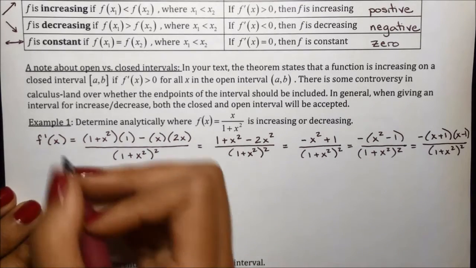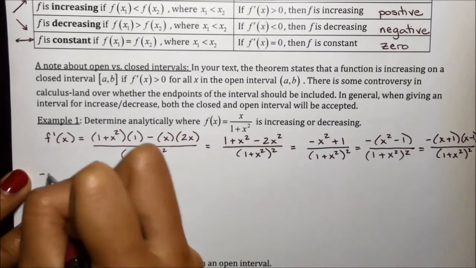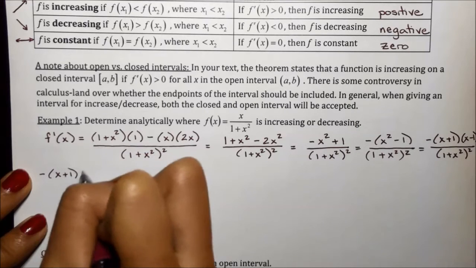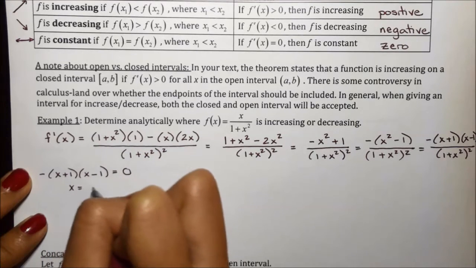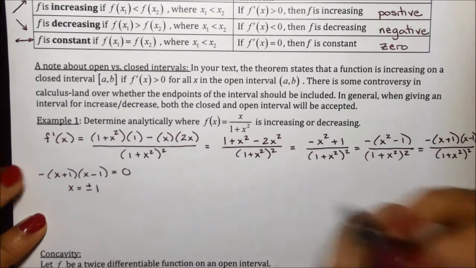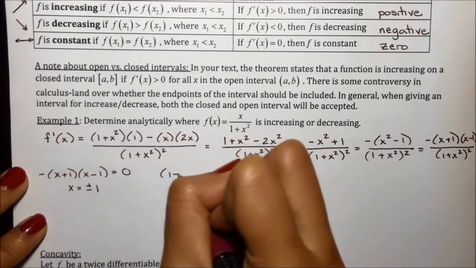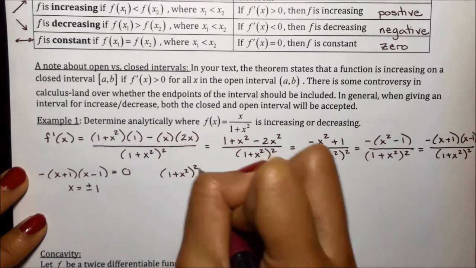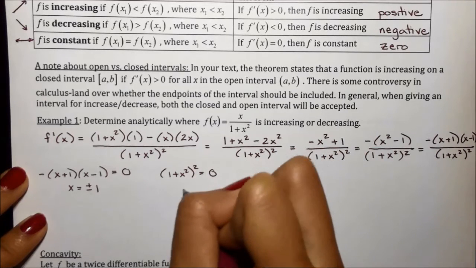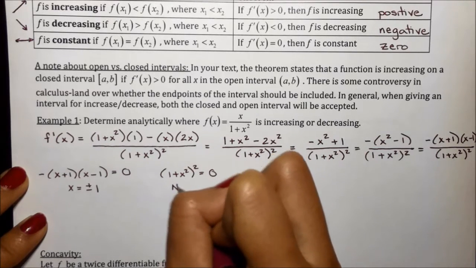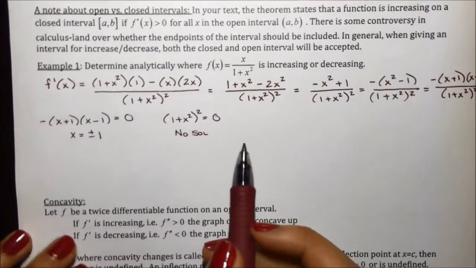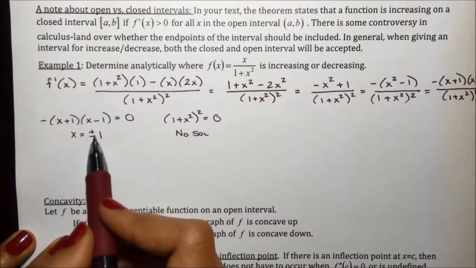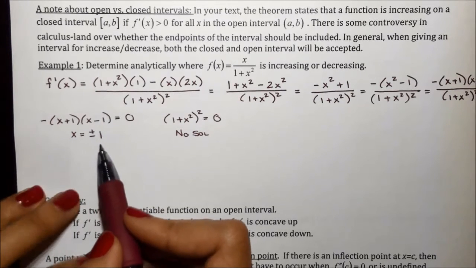So if I set the numerator equal to 0, then I'm going to get x equals plus or minus 1. And if I set the denominator equal to 0, then I'm going to get no solution. So the only two possible places that it'll change direction is at positive or negative 1.